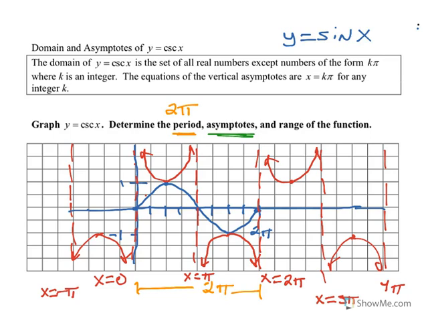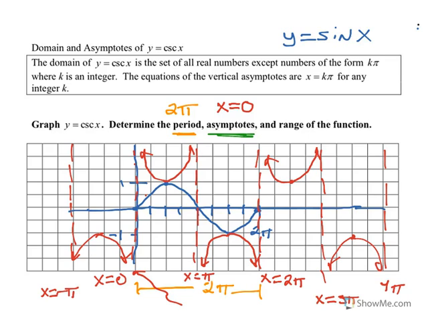The asymptotes, we want to describe the asymptotes as far as what the x values are going to be. So notice the first asymptote, they usually start with the first positive or the 1 on the y-axis. So the first asymptote is at x equals 0. And then you want to describe how do you get to each asymptote after that. So similar to when we were talking about coterminal angles, we said they were going to be multiples of 2 pi.